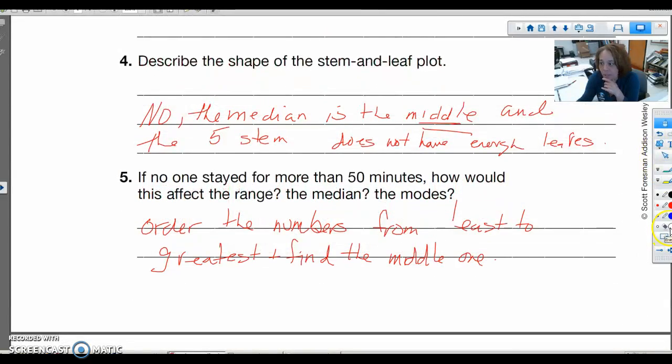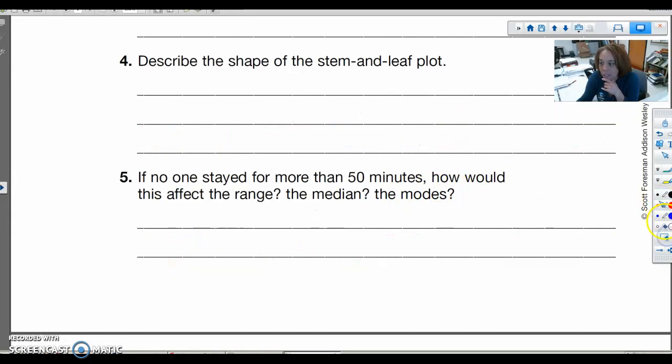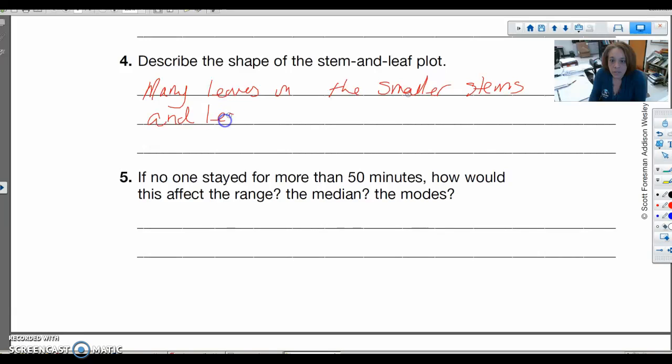So the shape of the stem and leaf plot, we had, let's erase all of it, many leaves on the smaller stems, meaning the smaller number of stems, and less leaves on the greater stems. I'm going to use the word greater. So those 5s and 6s and 4s had less leaves on them.